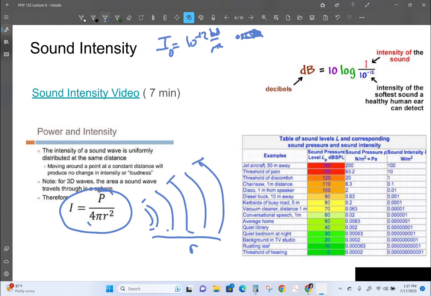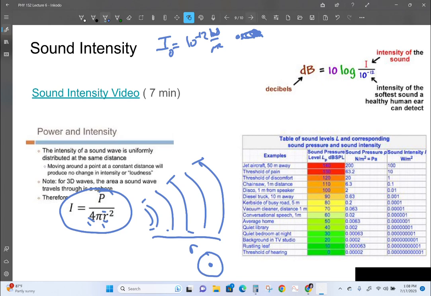If you were to look at the front view of it, it would look like a circle, and the sound wave would hit the wall in a circular pattern. So the area over which it hits far away is much bigger than the area if it's very close to your ear. This value here is really a value of finding the area of that, and then P is the amount of energy that's hitting it every second.